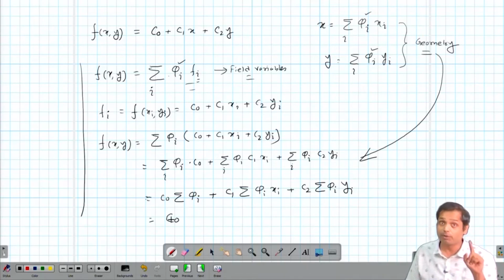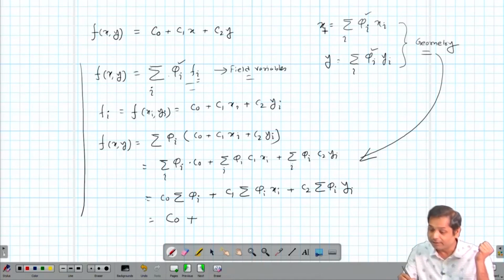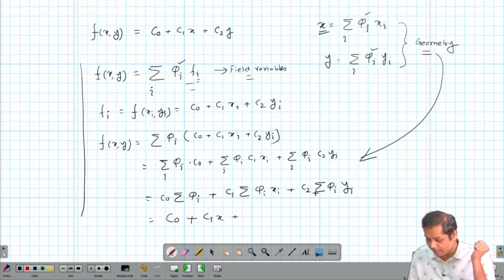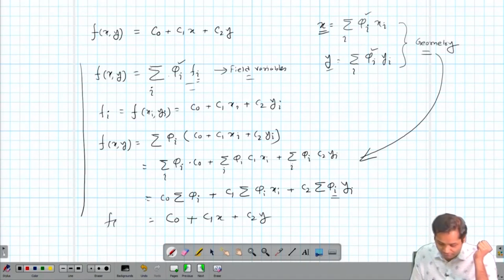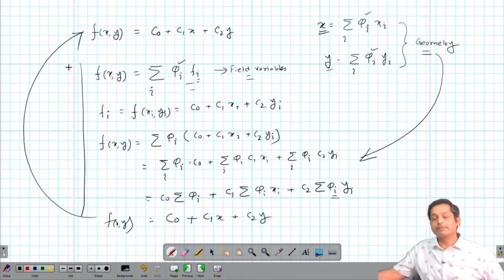This is an important property, we had verified it, and we had also said what happens when this partition of unity property is not satisfied. So this plus, now phi I xi gives x, so C1x, plus phi I yi gives y, this is C2y. So this is f of xy, which is the same as this approximation.